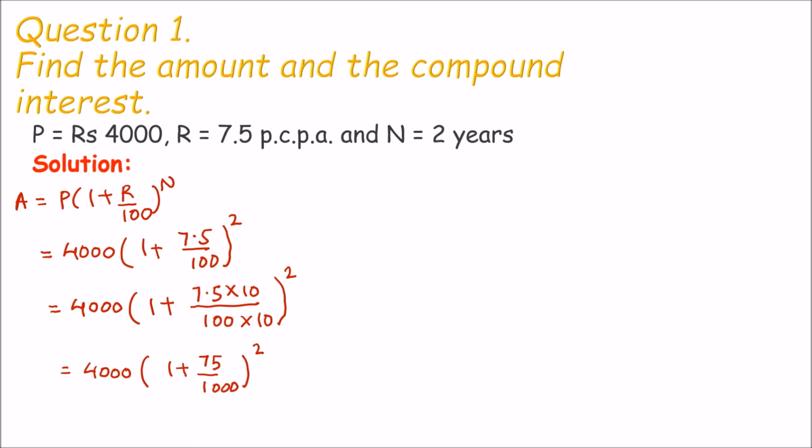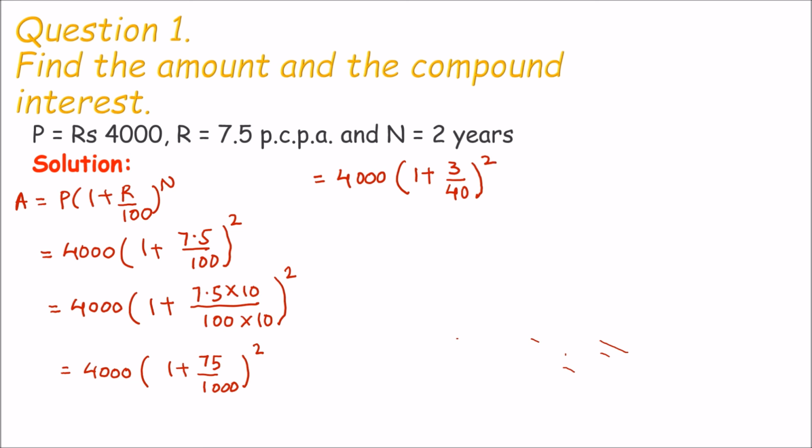So we will get now 4,000, and in place of 75 upon 1000 we will write 3 upon 40. That is the lowest form of 75 upon 1000.